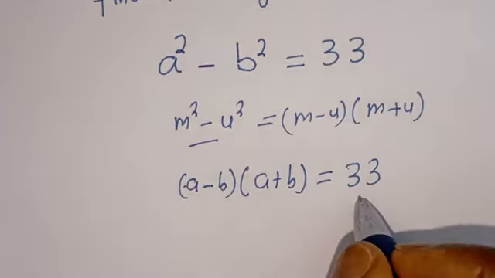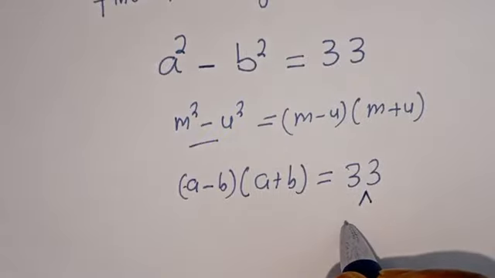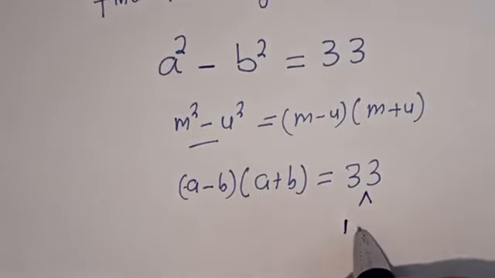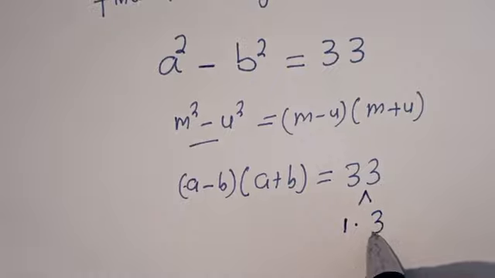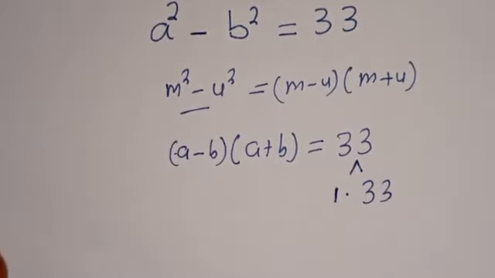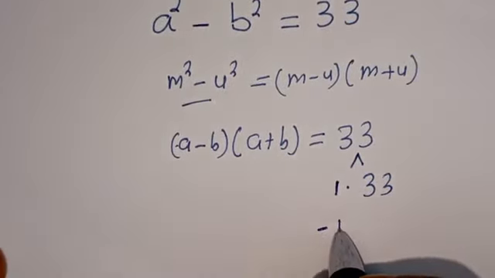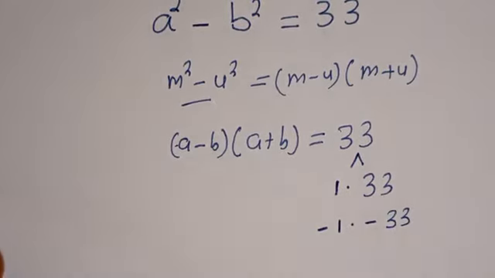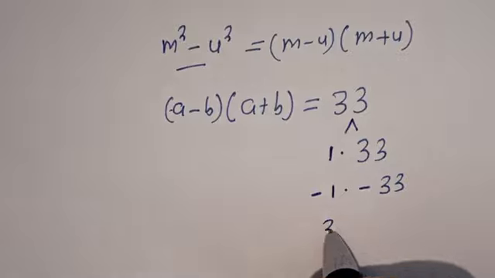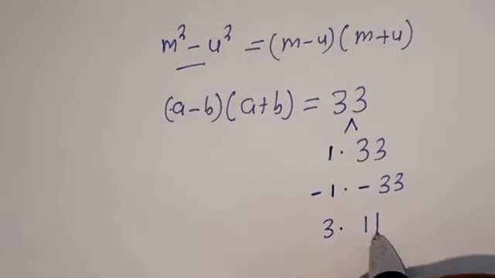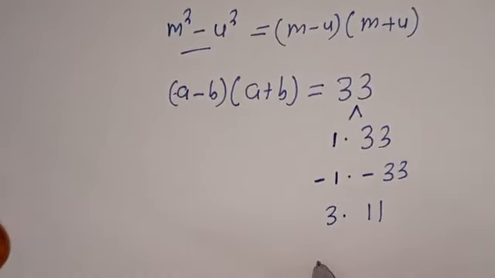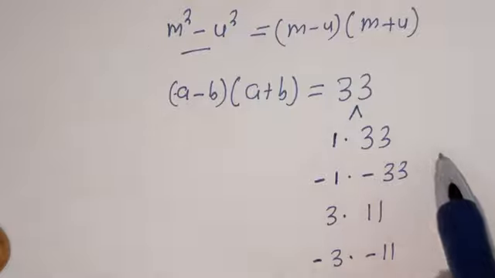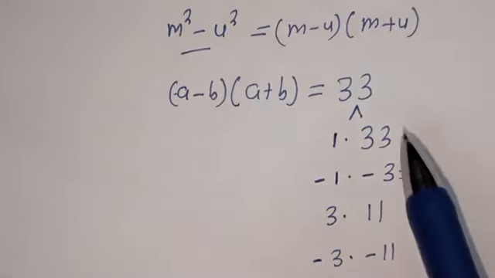Now 33 is 1 multiplied by 33, then minus 1 multiplied by minus 33. Now we have 3 multiplied by 11, then minus 3 multiplied by minus 11. So these are the pairs of factors of 33.